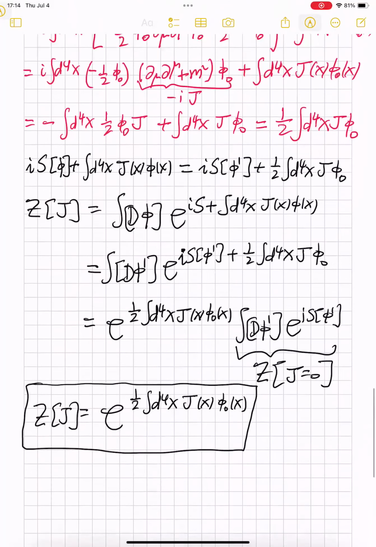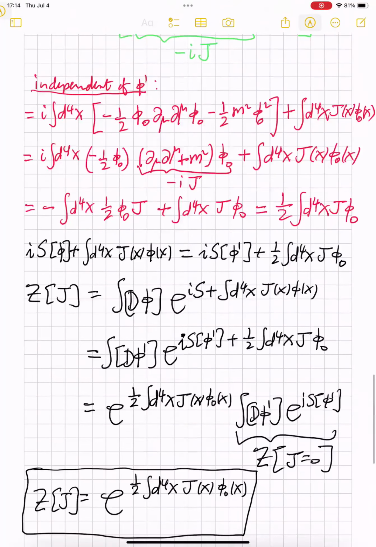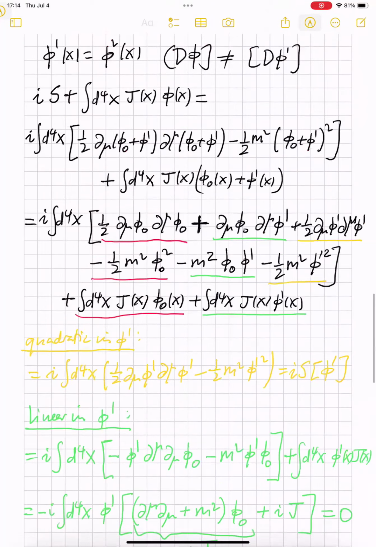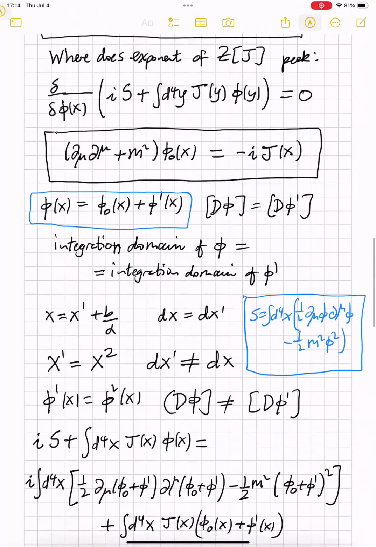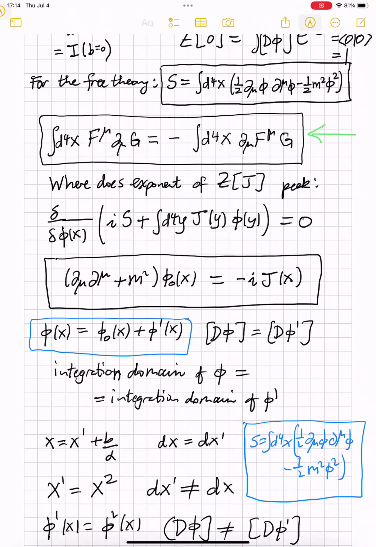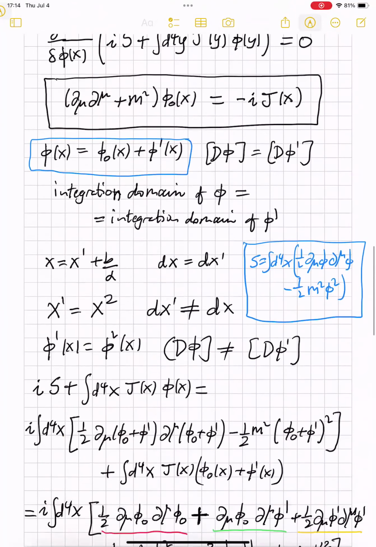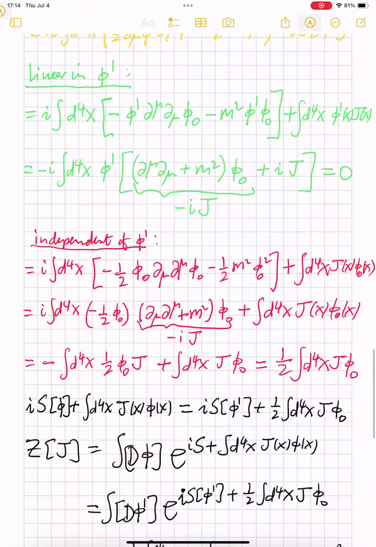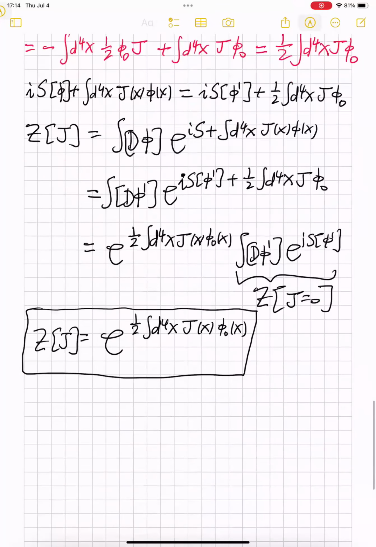Now, this answer here is still not very explicit. And the reason for that is we still need to get hold of phi naught. And to get hold of phi naught, we have to solve this differential equation that phi naught obeys. We're going to do that in a lot of detail, and we're going to be able to write phi naught of x explicitly in terms of j of x. So that means we will nicely determine this final answer that we got for the partition function, for the path integral. We will be able to determine that completely in terms of j of x's.